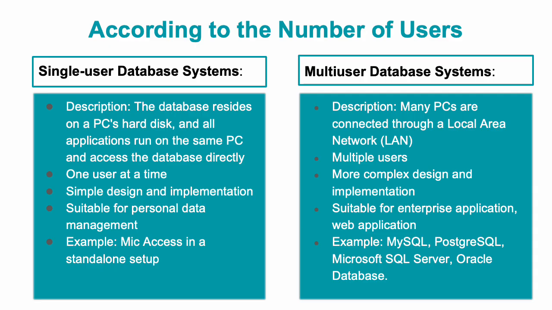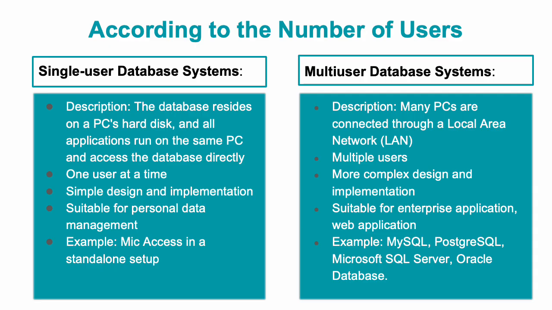Talking about transaction management, the multi-user system must support transactions that ensure the ACID properties. The ACID properties are atomicity, consistency, isolation, and durability, even when multiple transactions occur concurrently.